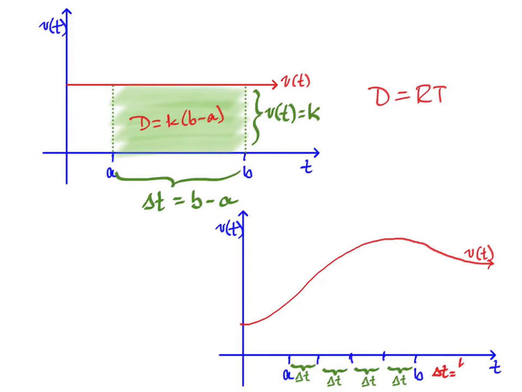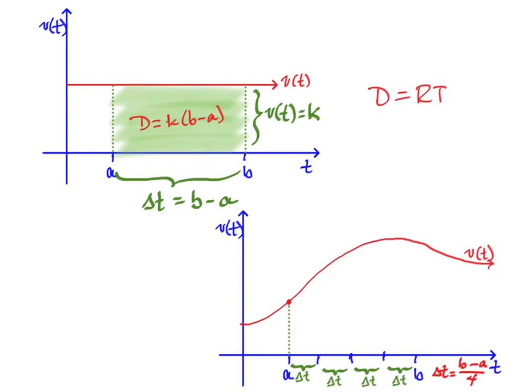So in this case, my delta t, I'm just going to write down, is b minus a over 4. We don't really need to use that in this example, but it might look familiar because we saw something like that earlier today. So what I'm going to do is, in this example, just use the velocities at the beginnings of these time intervals.